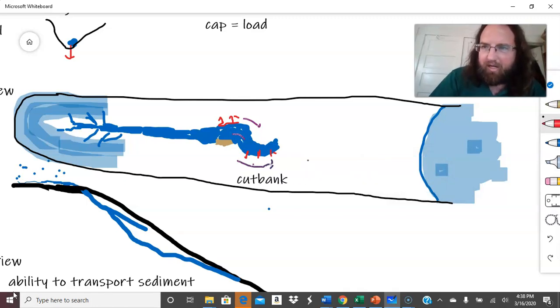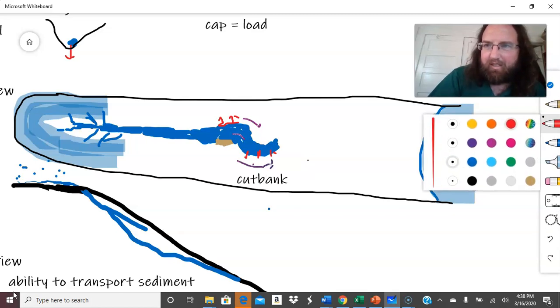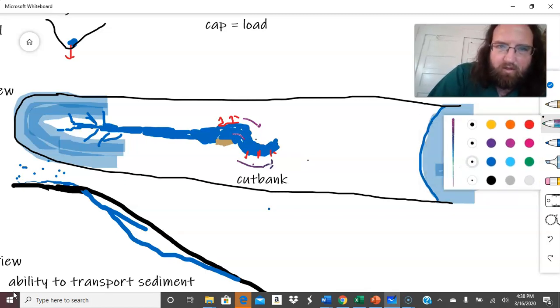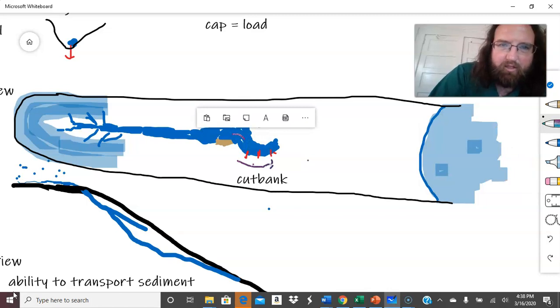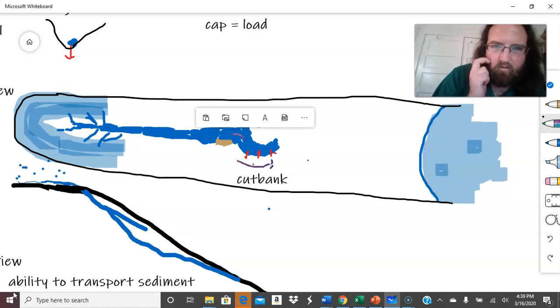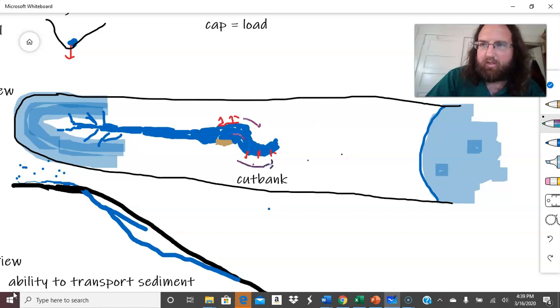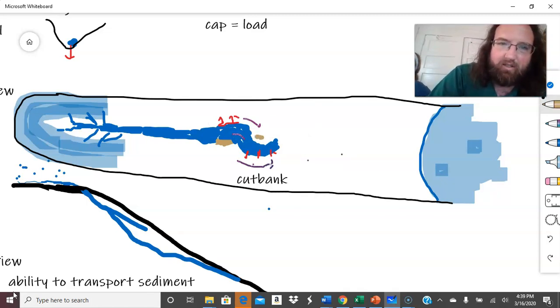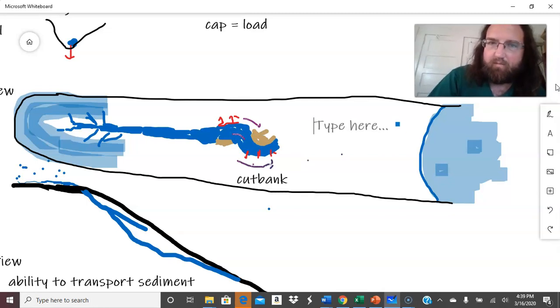We're going to call this deposit, and because it's moving a lot slower on the inside of its curve, water that was originally moving on the faster outside of this curve is going to lose its ability to hold sediment because it's not moving as fast, and you're going to get this sort of deposit called a point bar.